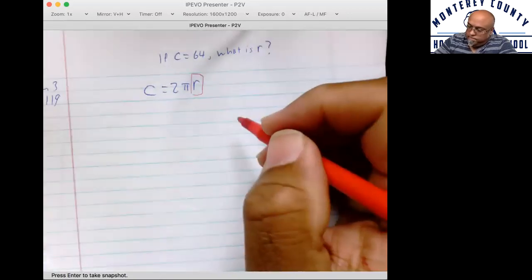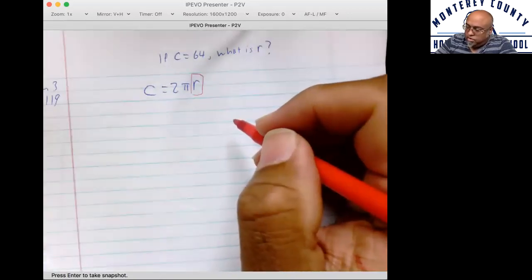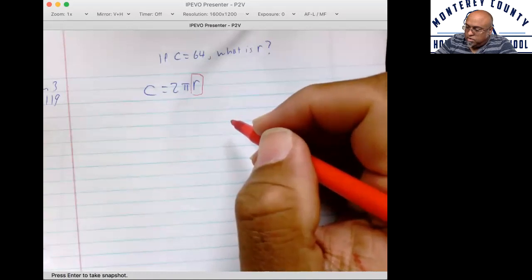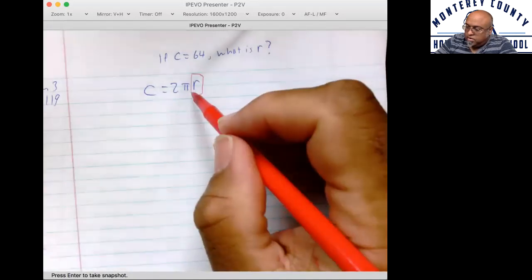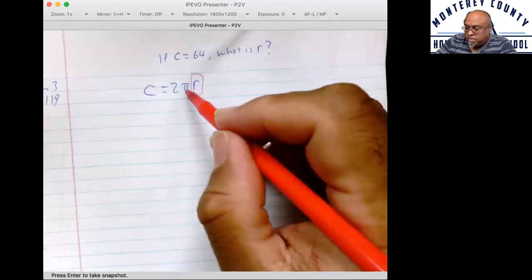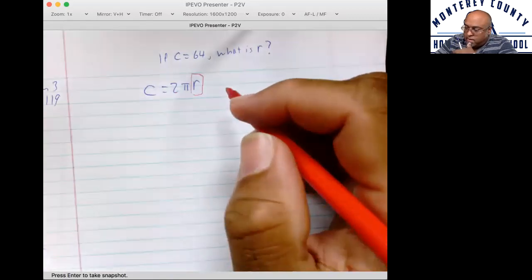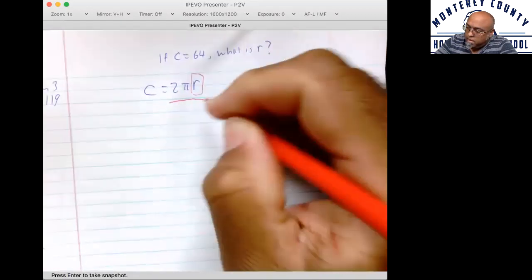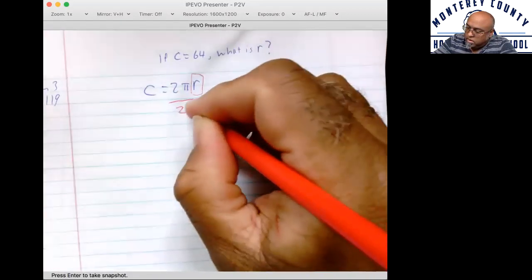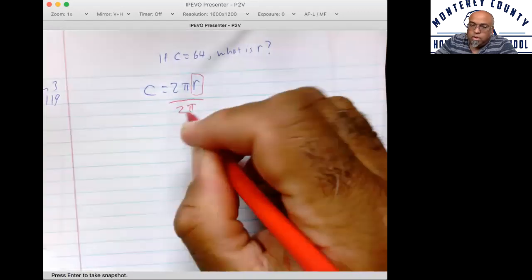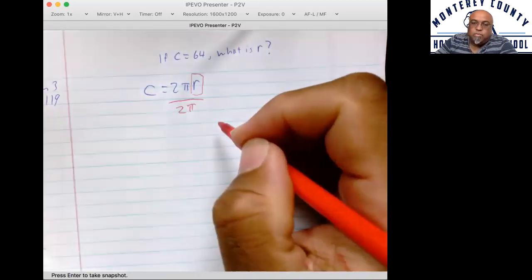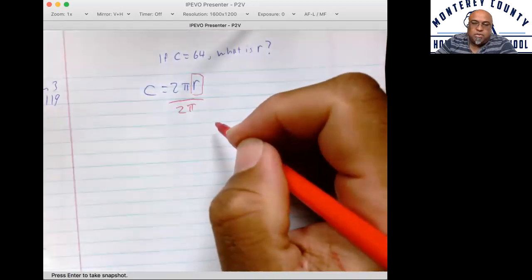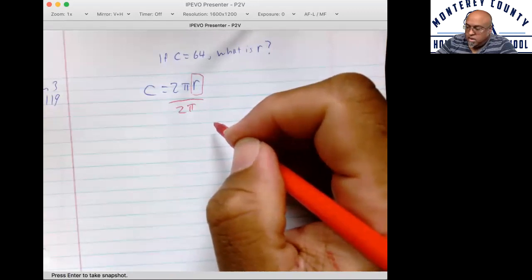Now, in order to solve, what I want to do to isolate it, since it's being multiplied, I can't subtract pi and 2, so I have to actually divide them. Now, even though 2 and pi are two numbers, once they're multiplied, it can kind of be considered like one number, okay?